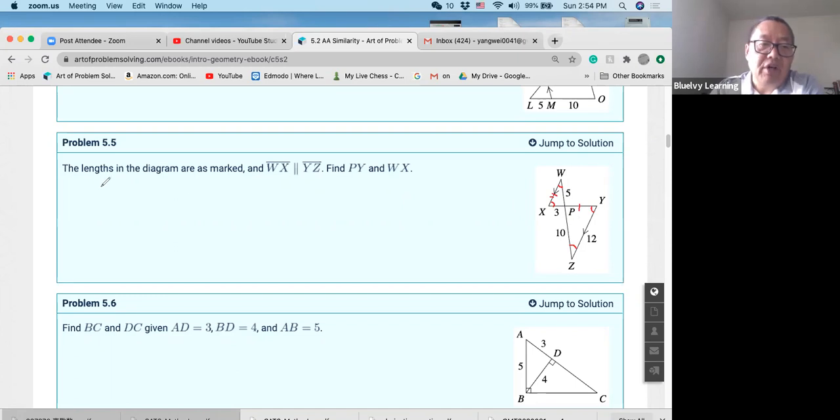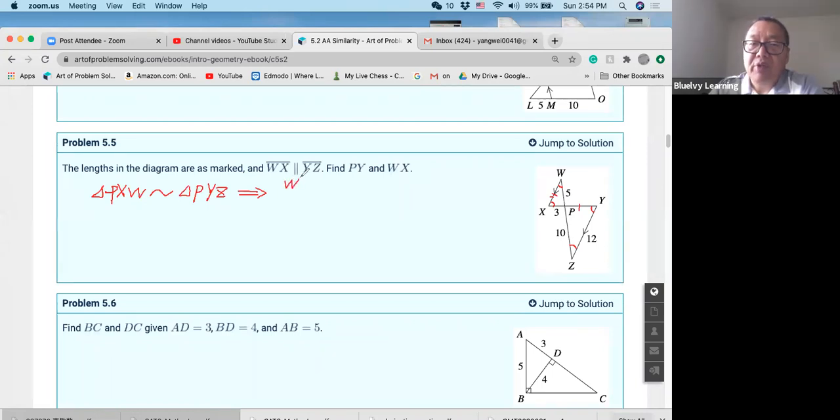Then we can get triangle PXW similar with triangle PYZ.